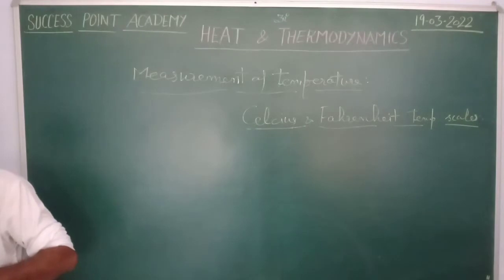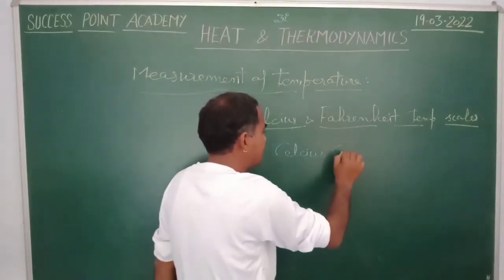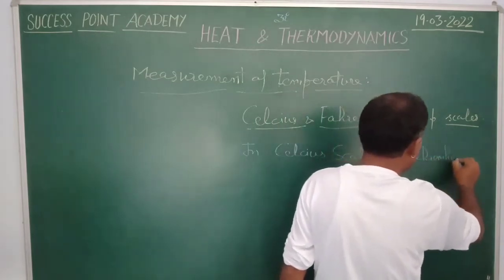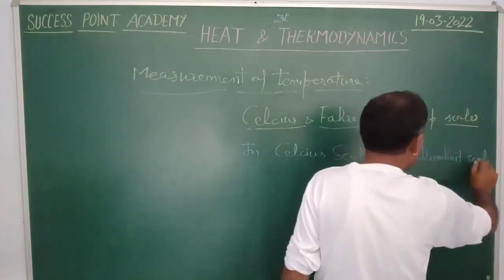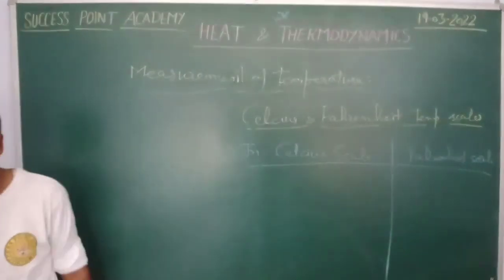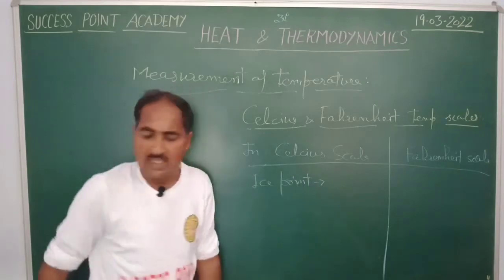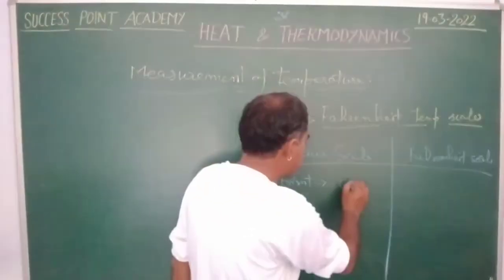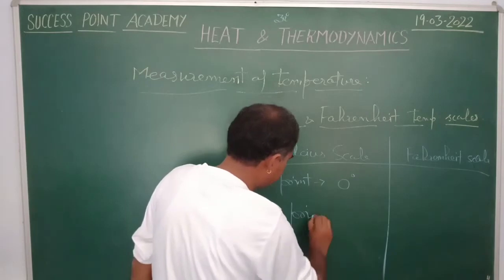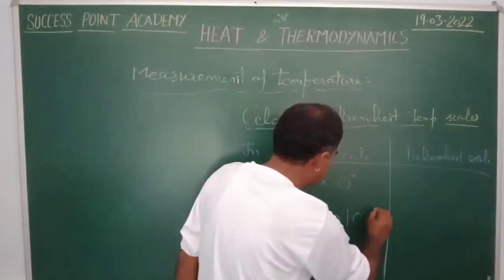Okay. In the Celsius scale, what we do? Let us compare them. So remember, in the Celsius scale, the ice point or freezing point of water is 0 degrees Celsius, and the steam point, generally we call it the boiling point, is, as everybody knows, 100 degrees Celsius.